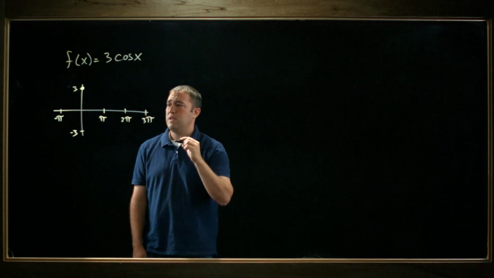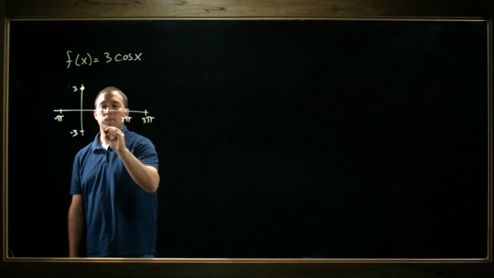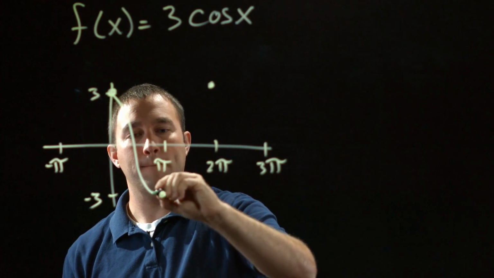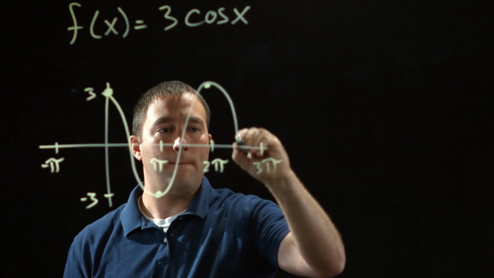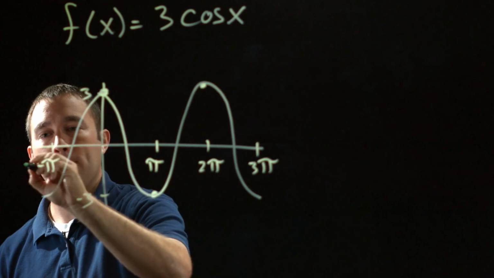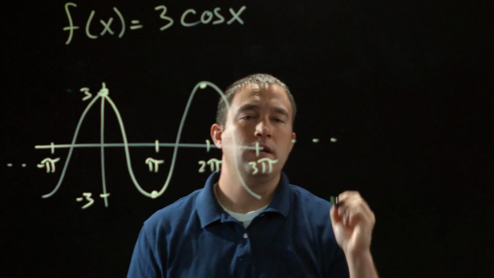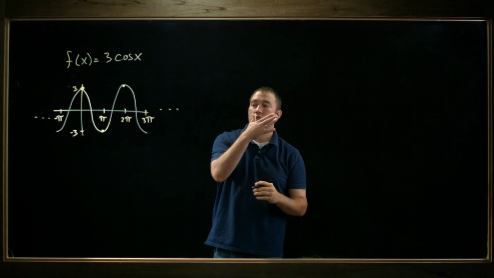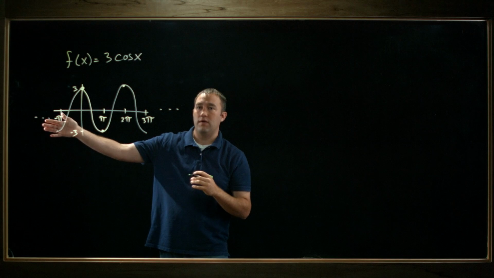And it does something like this. And it keeps on oscillating like that between 3 and -3, all the way to infinity to the right and all the way to -infinity to the left.